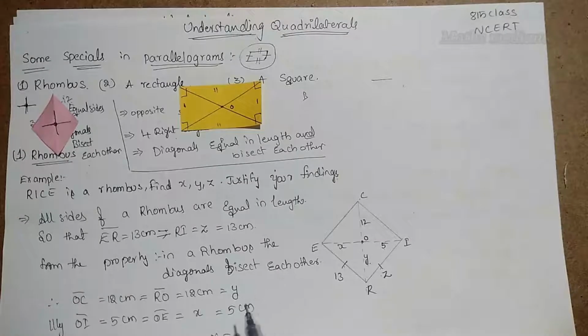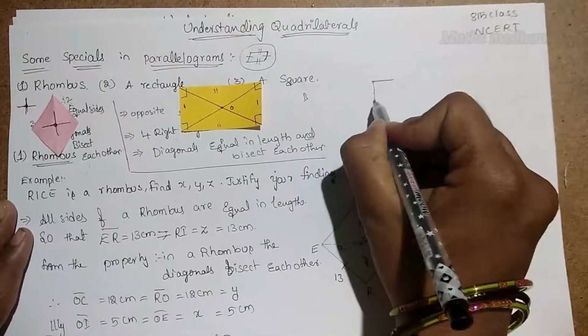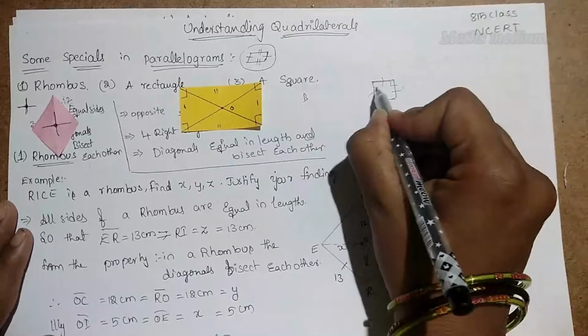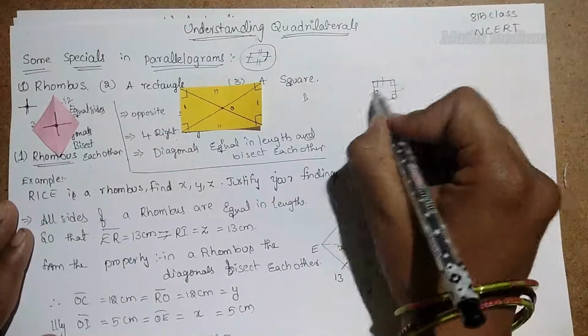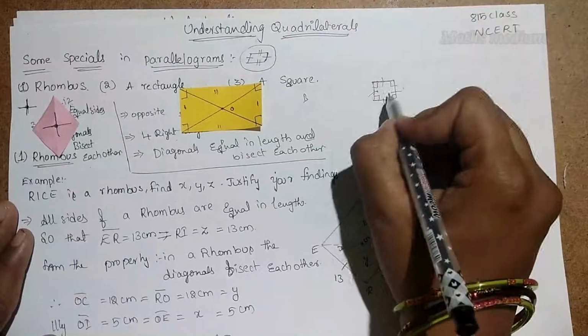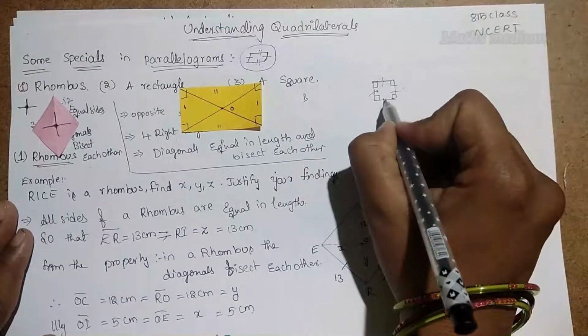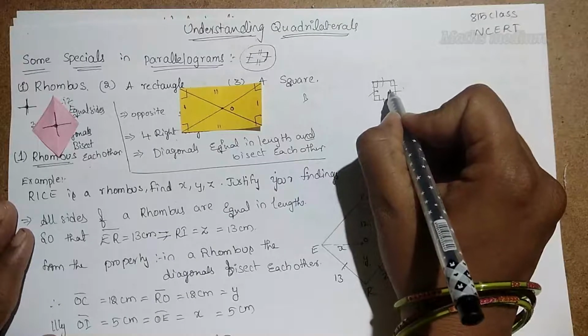Next is about the square. We already know a square has all sides equal in length. So with a rectangle, four right angles. So this is also one type of parallelogram because all sides are equal and the opposite sides are parallel. So it is said to be a parallelogram.